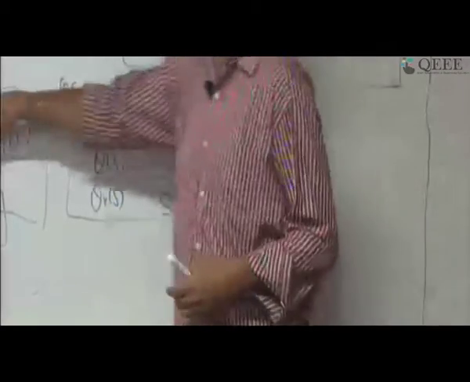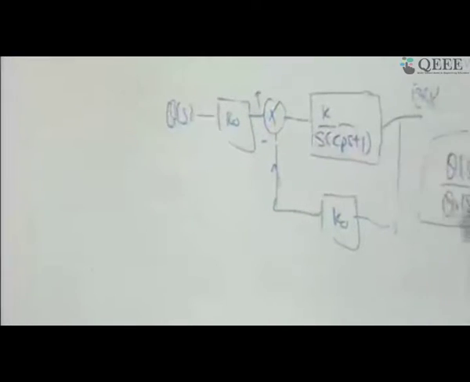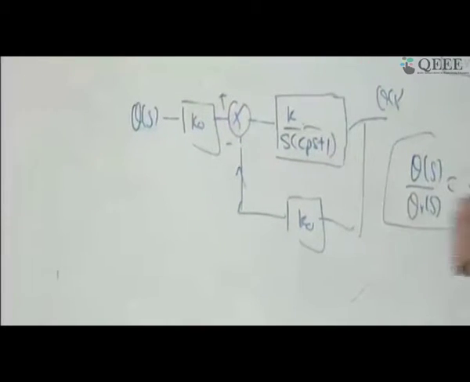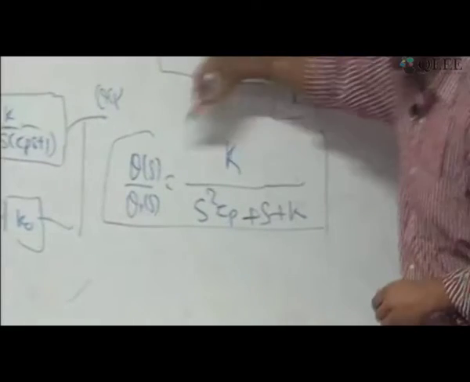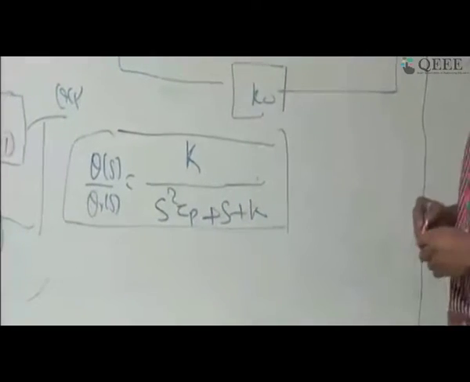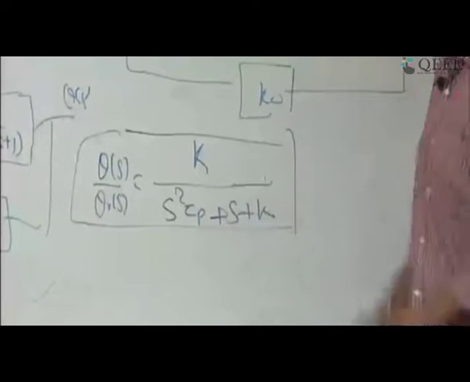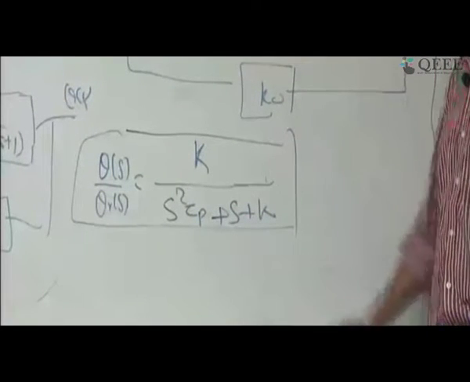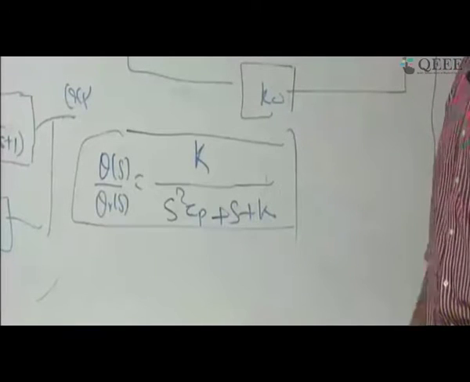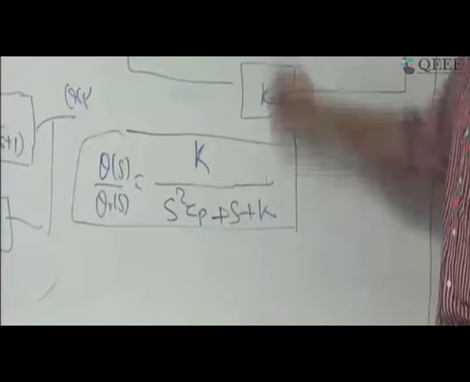I can write theta by e is this, and e I can write as theta s into k0 minus theta into k0, and this is my theta reference. So now you look at it. We got theta s by theta rs equals k by s square tau p plus s plus k. This is what I am getting with respect to the integral term.